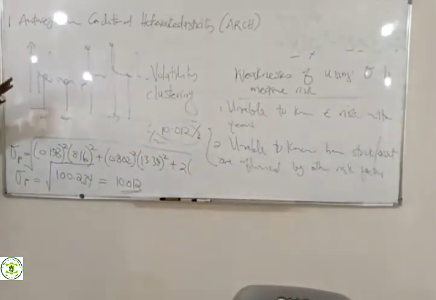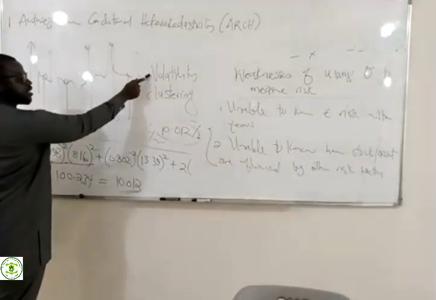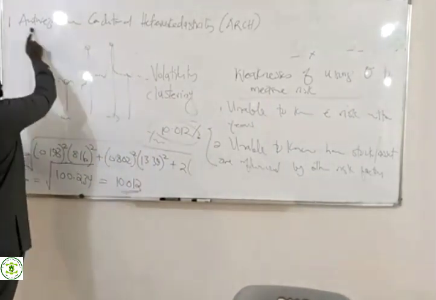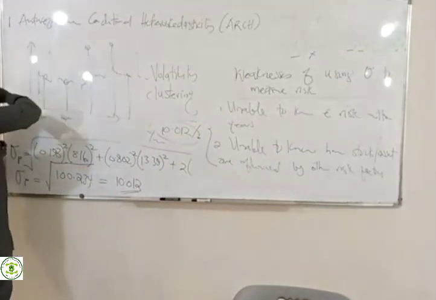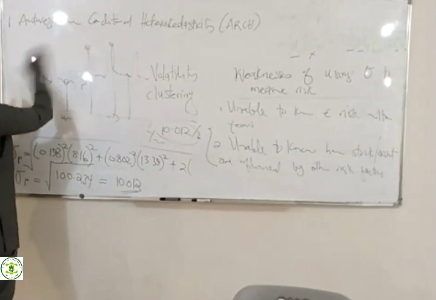It's a modern way of measuring the risk. And in getting the volatility clustering, you can use the ARCH or the others. So let's proceed.